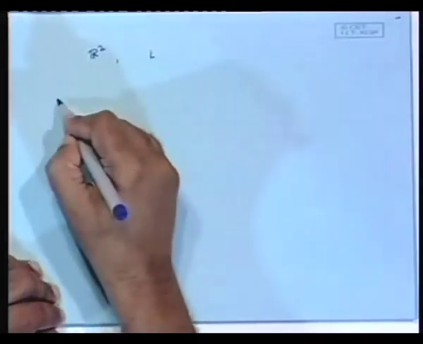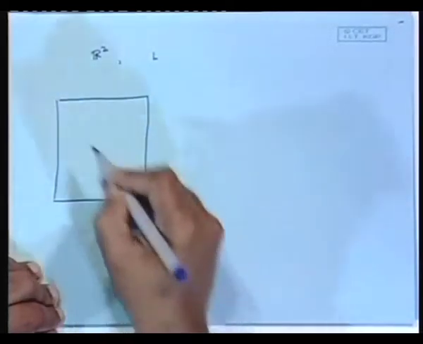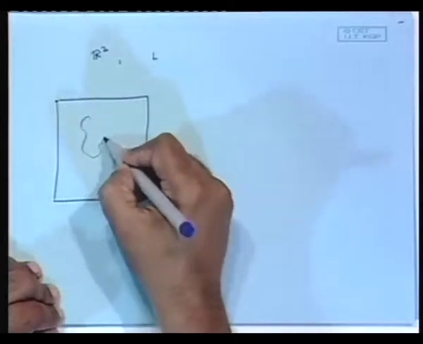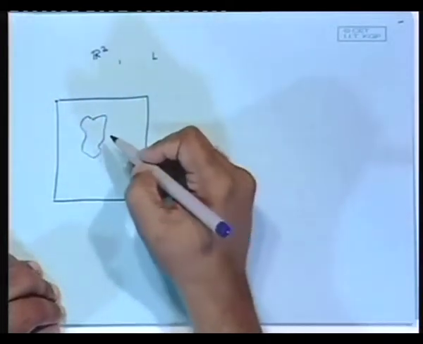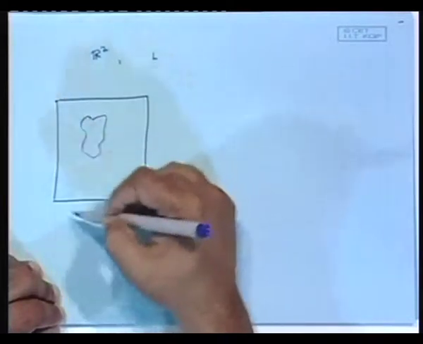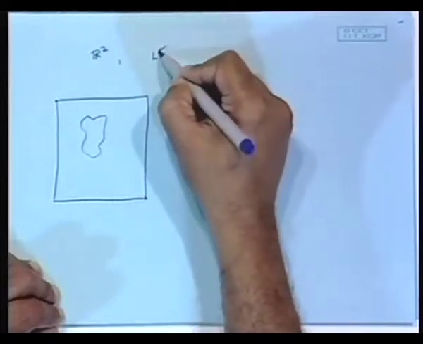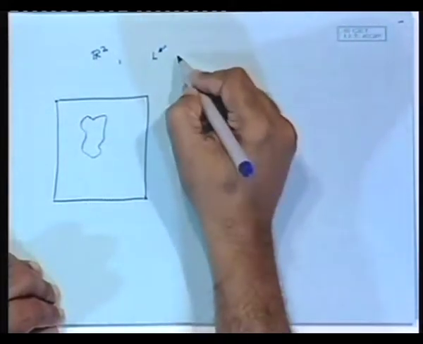which means that in this space I have some kind of an object which is nothing but a compact subset of the R2 space. So, this is my starting point L. So, what is L?